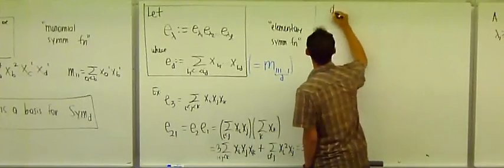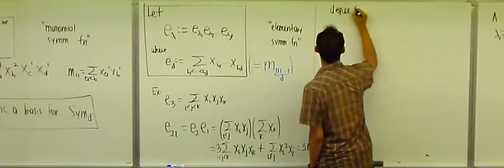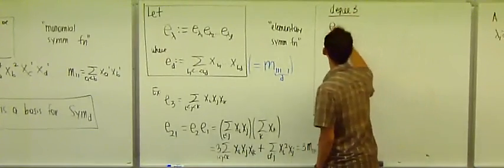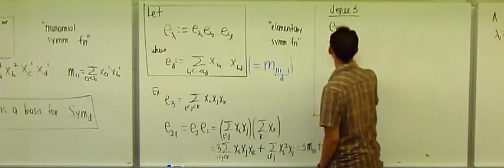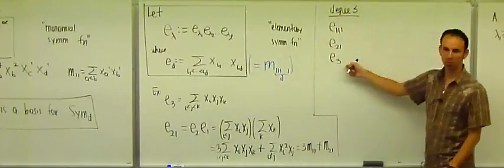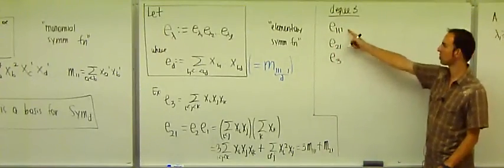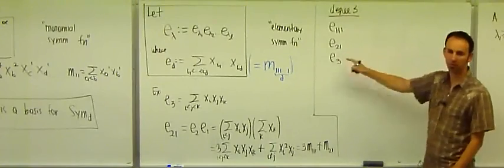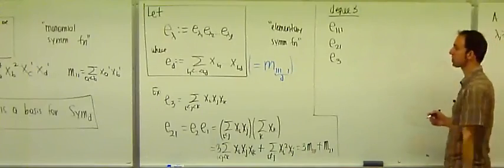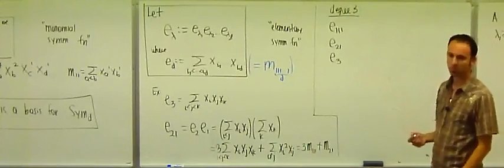Now let me just write down some formulas for you. For example, in degree 3, I have 3 different partitions of the number 3: 1 plus 1 plus 1, 2 plus 1, or 3. And so I get 3 elementary symmetric functions, and each one I can write in terms of the m's.